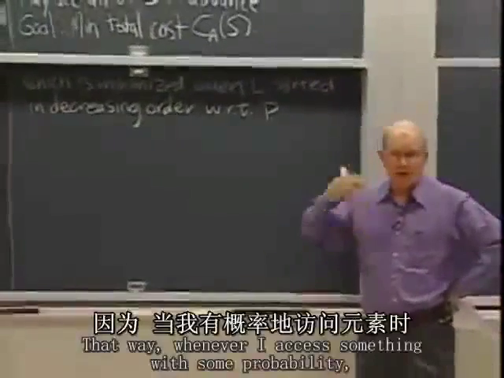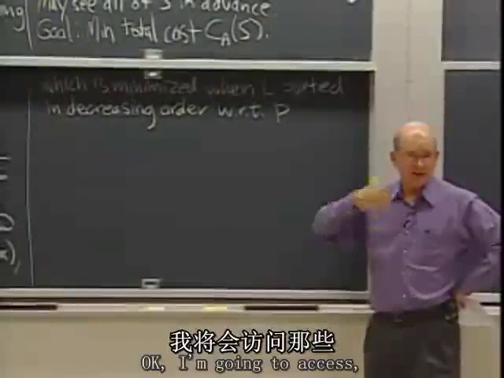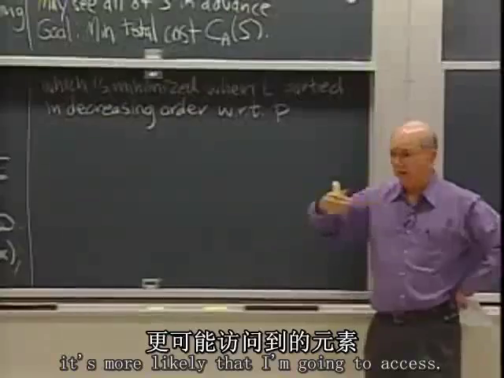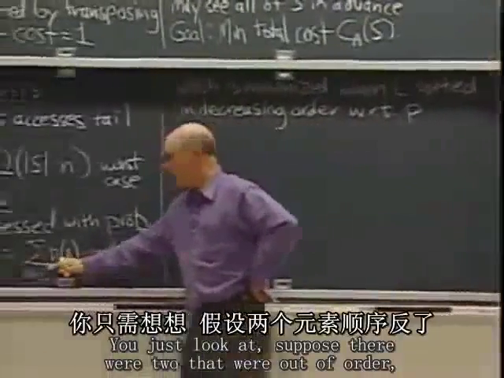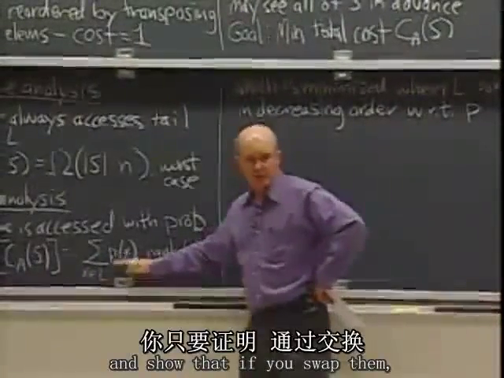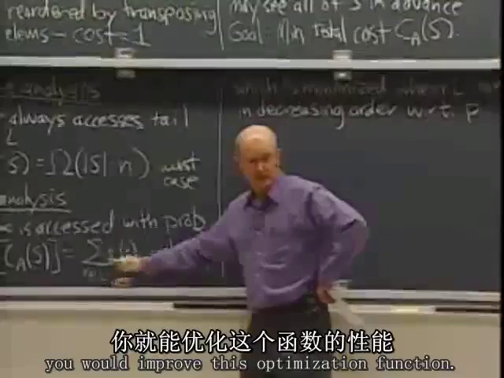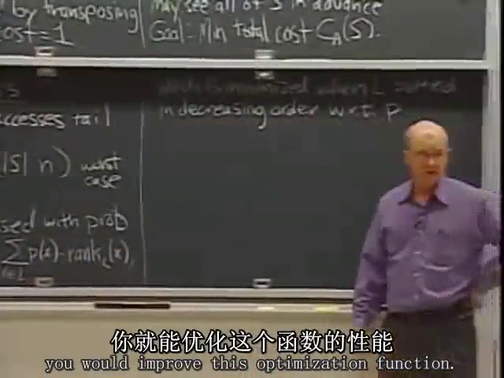That's not too difficult to prove: suppose there were two that are out of order, and show that if you swap them, you would improve this optimization function.